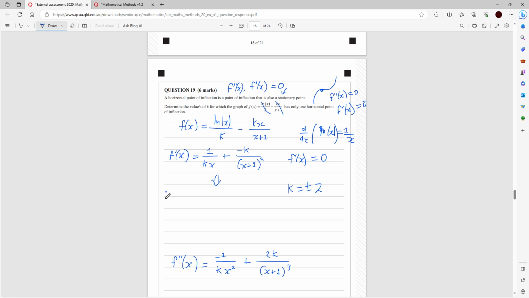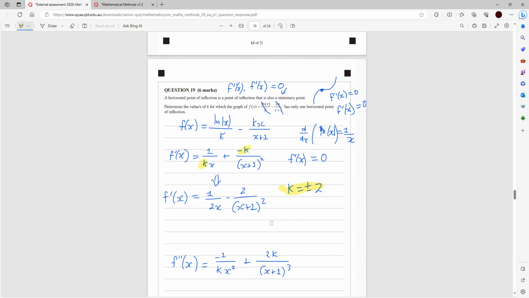So f dash of just positive 2 will be 1 on 2x. Oh, sorry, that's not. That's still x minus 2 on x plus 1 all squared. I nearly substituted x for k, but I'm only replacing k's. So wherever the k is, one of these will go.